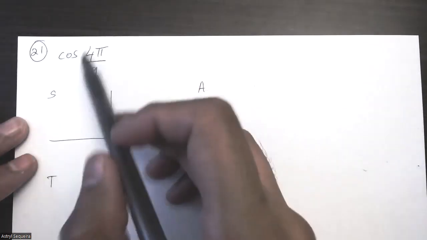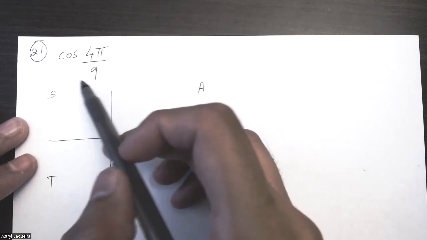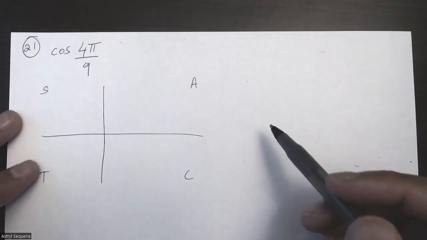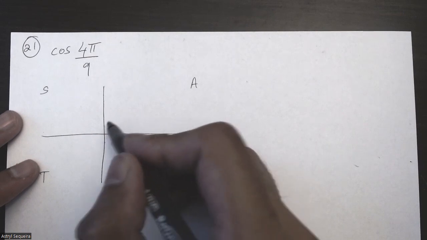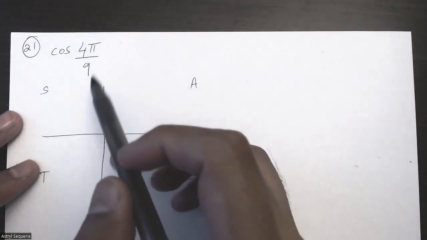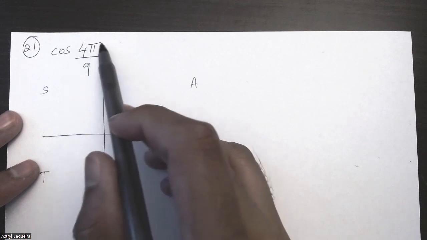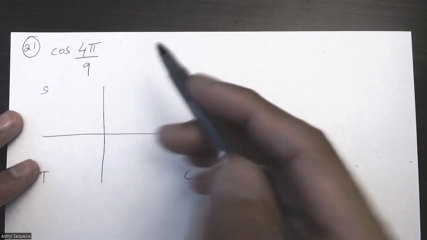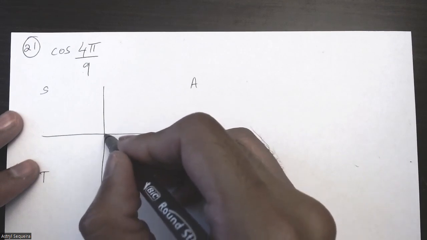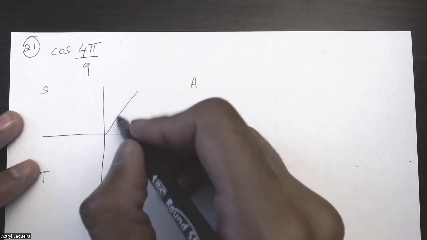In this question, we're actually given the angle. We know that the angle is 4 pi over 9. Now, 4 pi over 9 is slightly less than pi over 2 because 4 pi over 8 is the same as pi over 2. So 4 pi over 9 is slightly smaller than pi over 2. So it's going to be in this first quadrant over here.